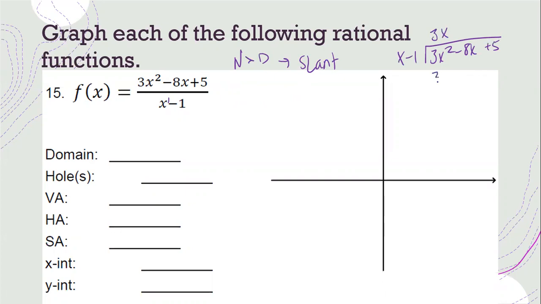We have 3x, then 3x squared minus 3x. Change our signs. We have negative 5x plus 5. So we're going to have negative 5. Do I really need to go any further than that? No, this is my slant. So y equals 3x minus 5 is my slant.